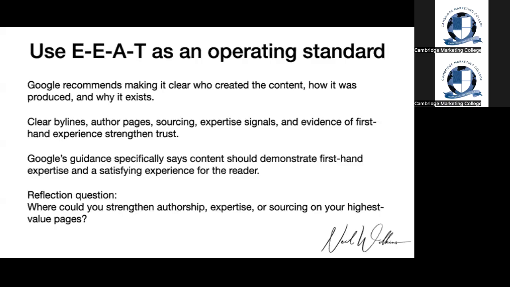And Google's guidance also says very specifically that content should demonstrate first-hand expertise and a satisfying experience for the reader. That's their words, not mine. A satisfying experience for the reader. In other words, you're going to take them on a journey. You're going to give them some value. You're going to probably introduce some level of, wow, I wasn't expecting that, or I didn't know that before.